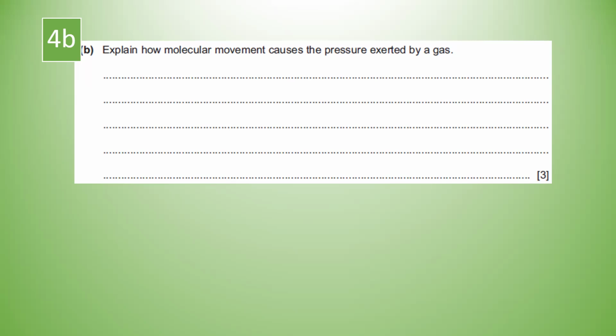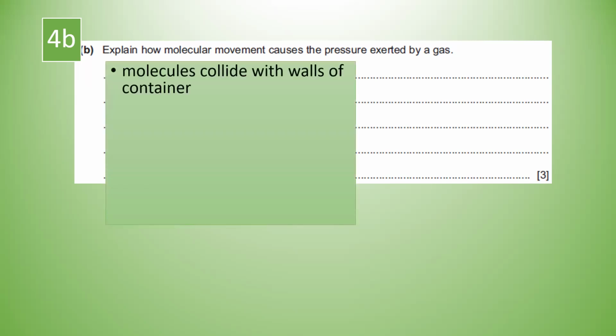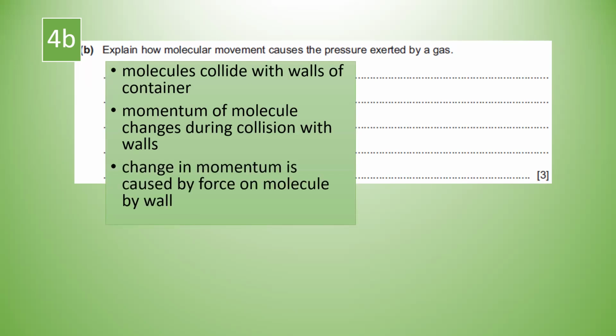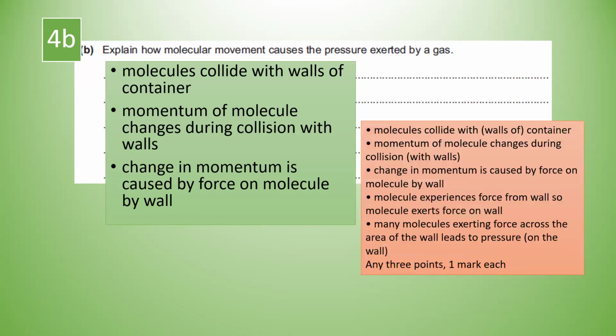Molecules collide with the wall of the container. That's your first point. Momentum of molecule changes during collision with the wall. So the change in momentum is caused by a force on the molecule by the wall. So the rate of change of momentum per unit area is the force, the pressure. Since they give 3 points, you can choose any of these 3 points.